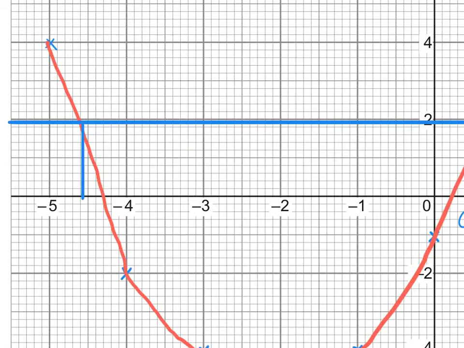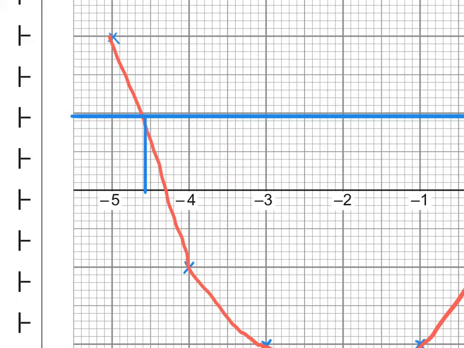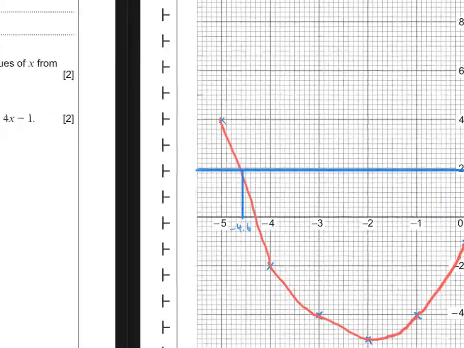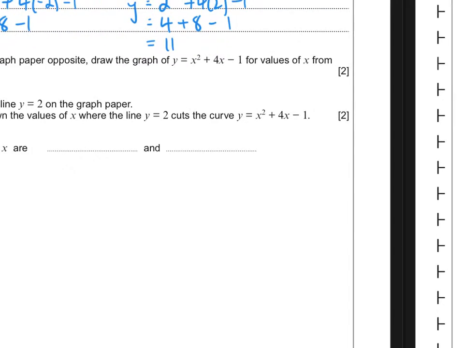And again, the other coordinate, if this is minus 4, this is minus 4.5. So this point would be minus 4.6. So they would be the two solutions I'd be putting on my answer on the other page. So 0.7 and minus 4.6.